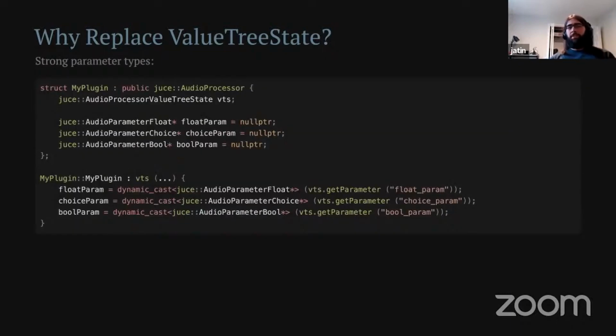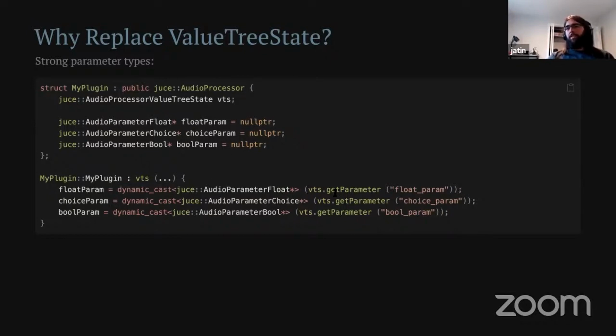So what I mean by strong parameter types is, let's say that you have the same kind of example, but now instead of your atomic float pointers, you want the actual float parameter type, because maybe you need some information from it that you can't get from the plain float pointer. So if you want to do this, you have to do these dynamic casts.